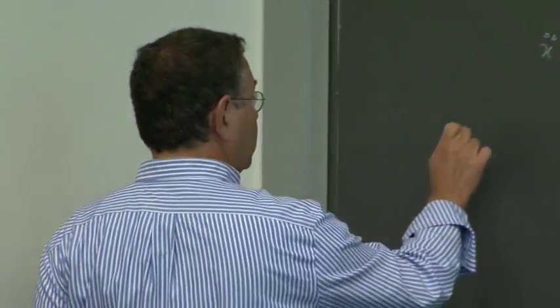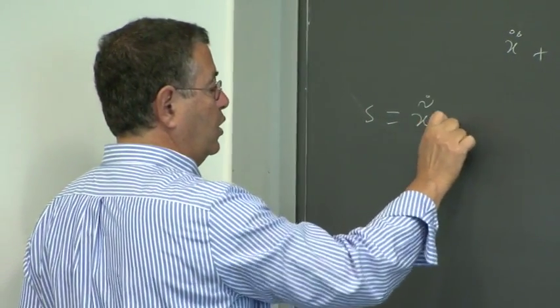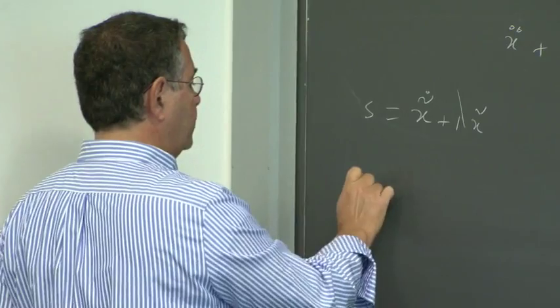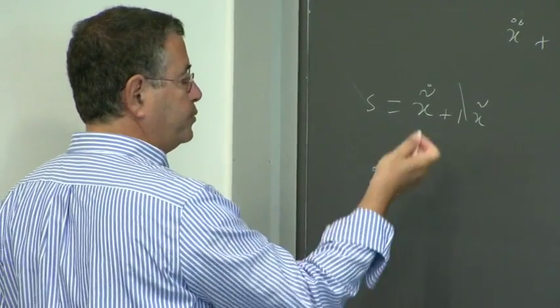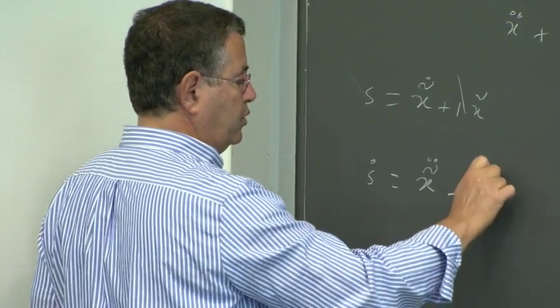Okay, so S, of course, is equal to x tilde dot plus lambda x tilde. S dot is x tilde double dot plus lambda x tilde dot.